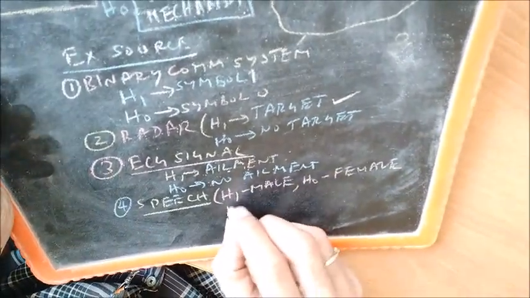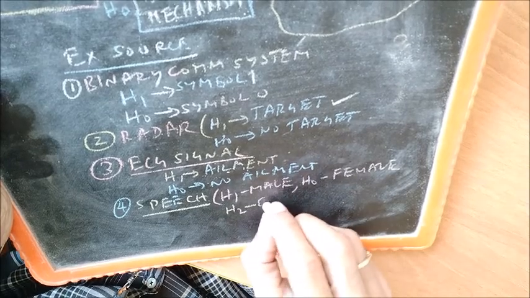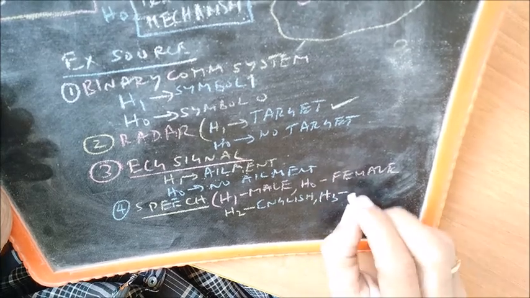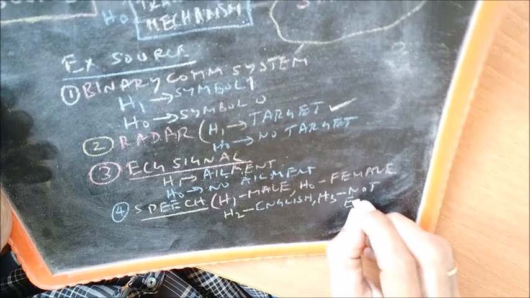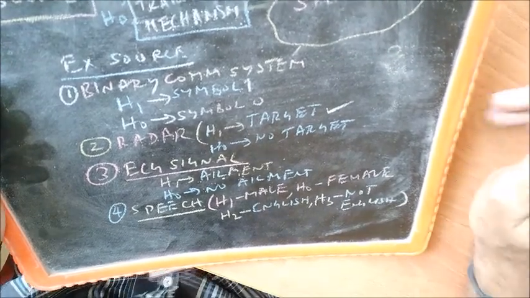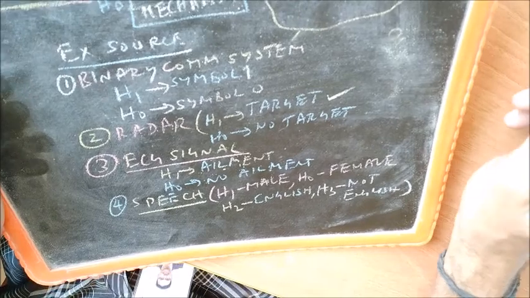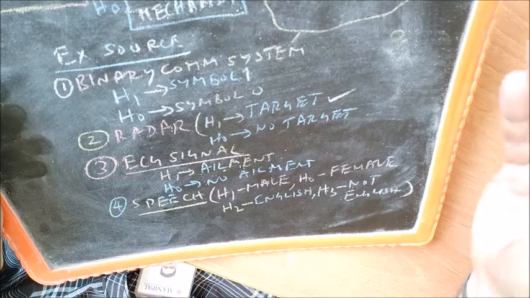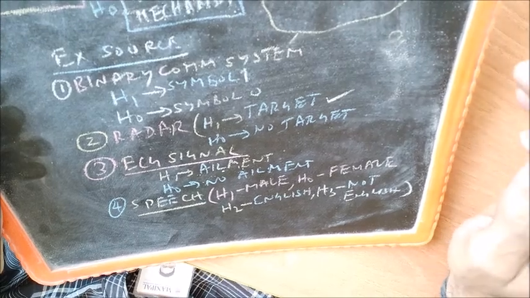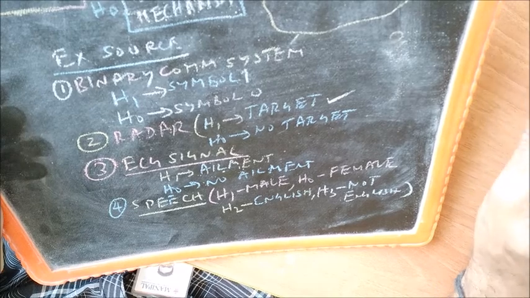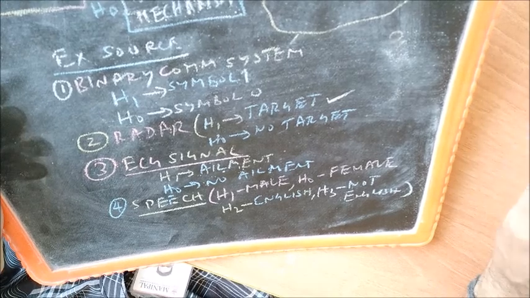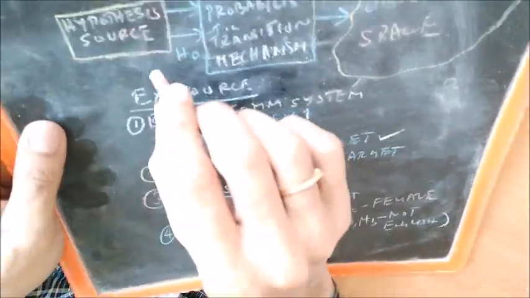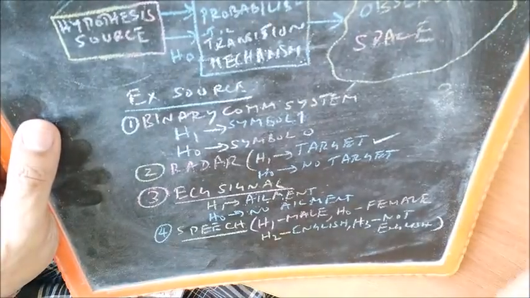And we can have more than two hypotheses here. As an example, H2 could mean that the speech is in English, and H3 that it is not English. So this is a case where you can have four hypotheses. From this speech sample, you can arrive at these hypotheses. So you may say it is a male who is not speaking in English, or a female who is not speaking in English, and so on. So these are the examples of sources of hypothesis, which is what is represented in general by this basic block.